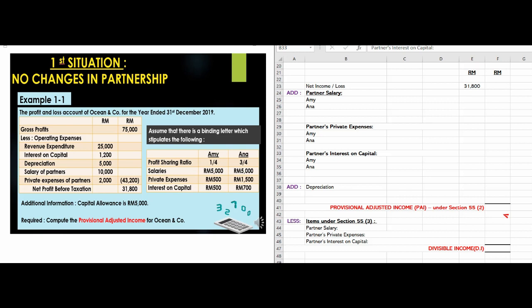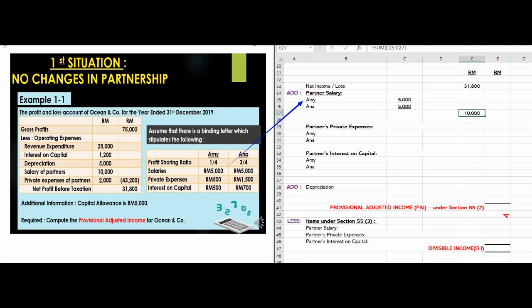For the first part, partner salary for Amy and Anna, we are going to look at the binding letter, which already has information regarding each partner's salary. So just put it here: 5,000 for Amy, 5,000 for Anna, and then we accumulate it here.